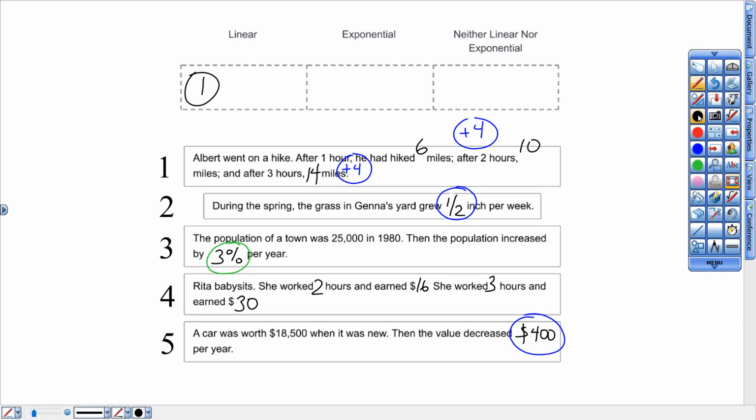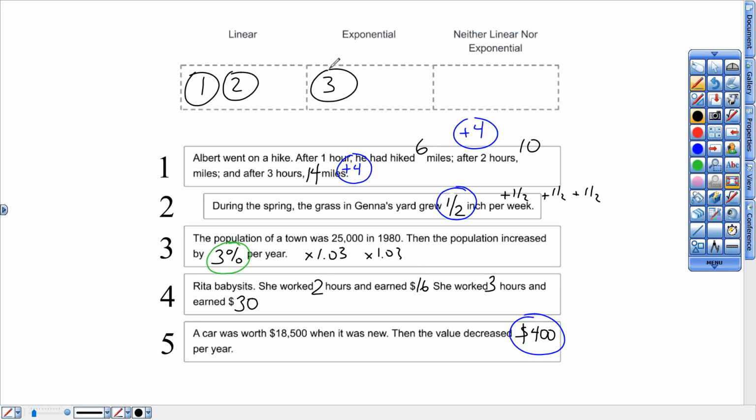Number 2, no percent there, just an inch per week, adding that same inch every single week, just like adding 4 every time, makes this linear. 3%, that means you're timesing by that 1.03 increase. Remember, that makes this exponential, that percent right there.